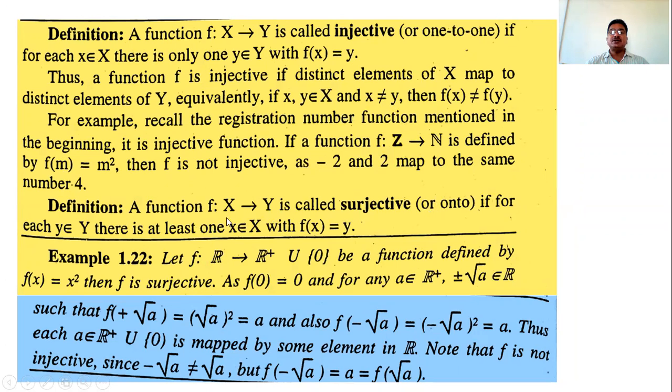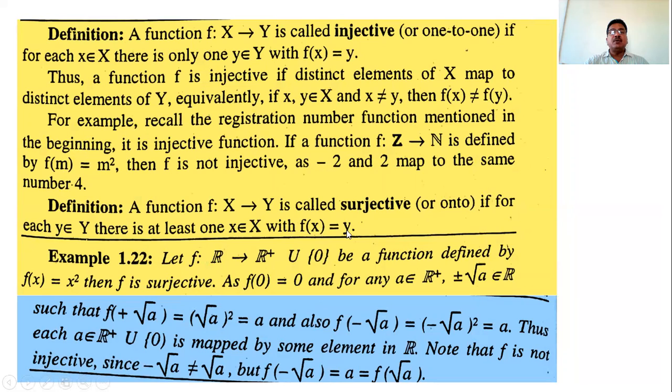The function f from X to Y is called onto or surjective if for each y in Y, there exists at least one element x in X such that f(x) = y.